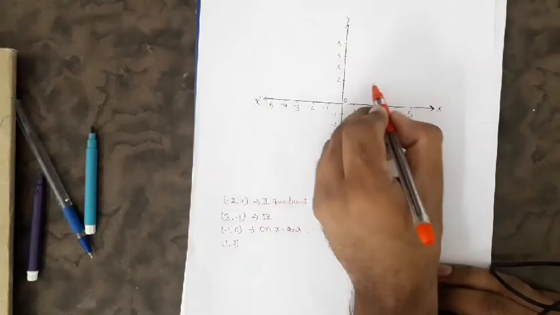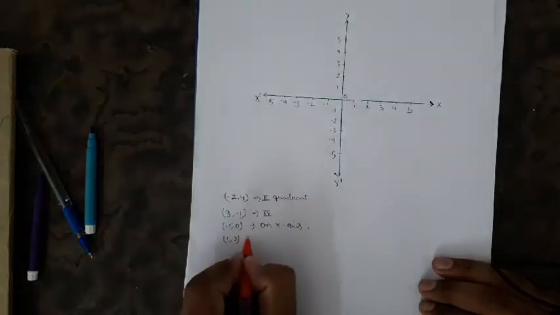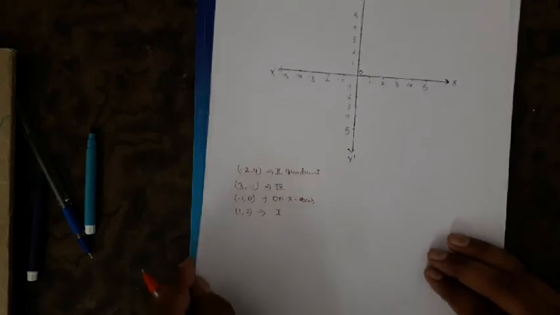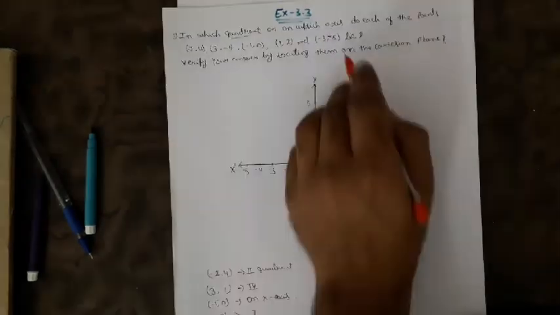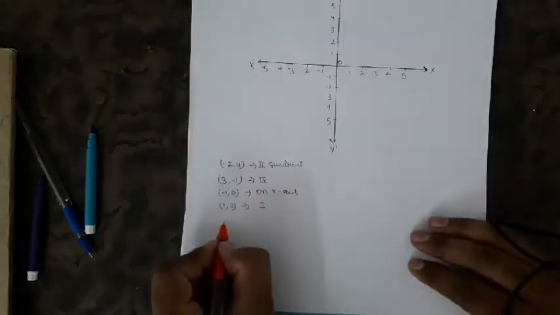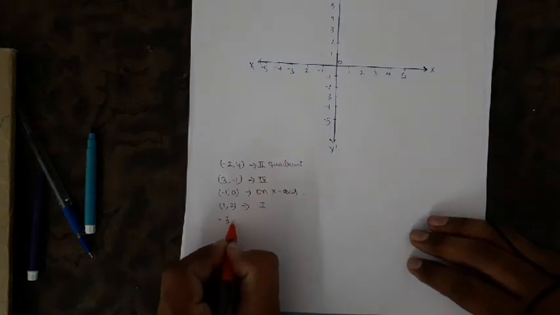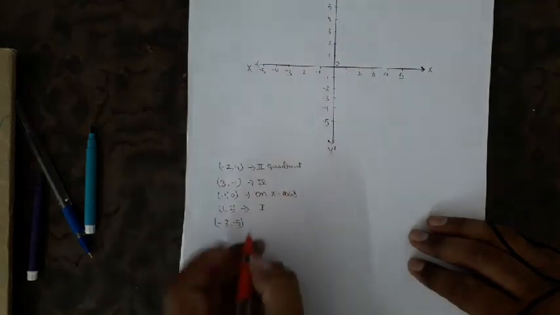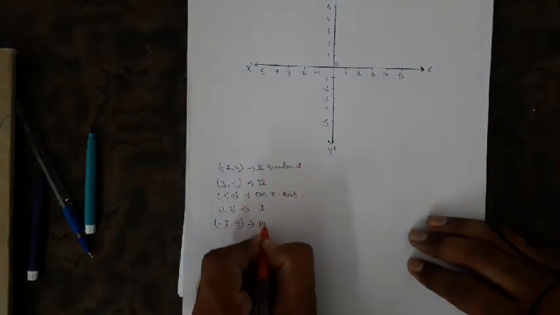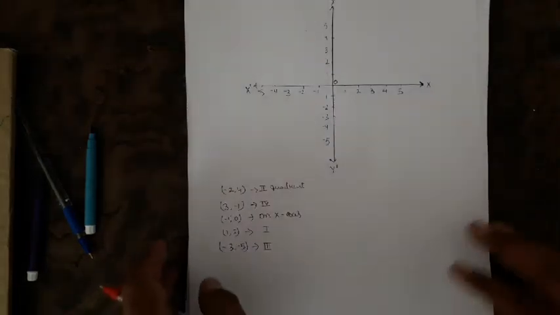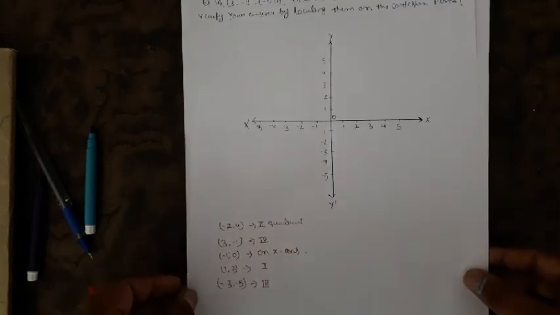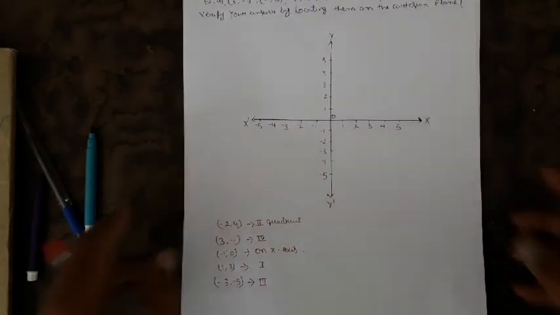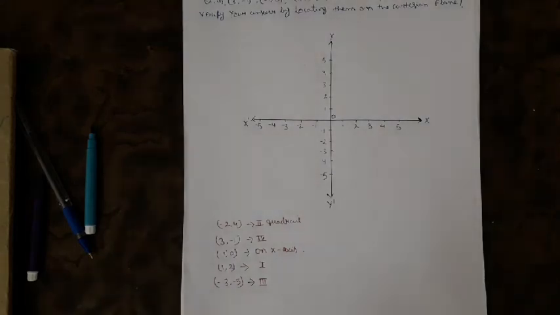Both are positive, so they would lie in the first quadrant. Next we have -3 and -5. Both are negative, so they would lie in the third quadrant. So I think you understand how I have explained that and how I came to know where these lie or on which axis they would lie.